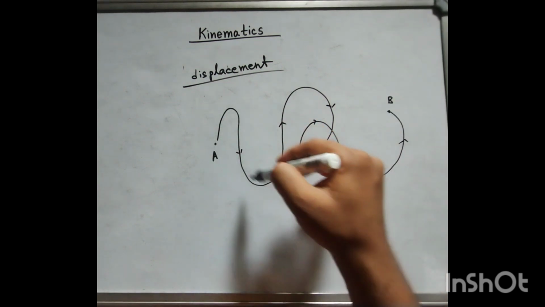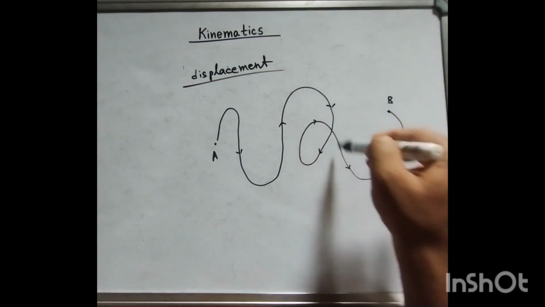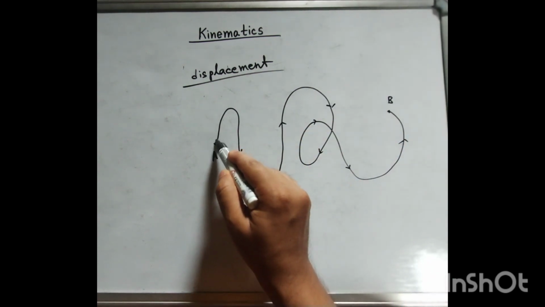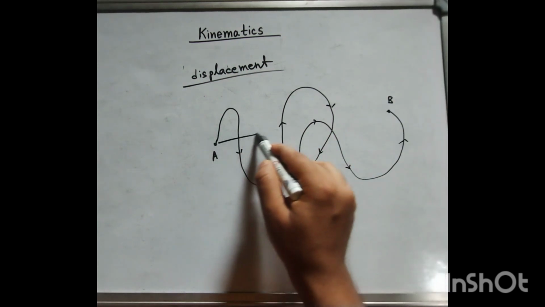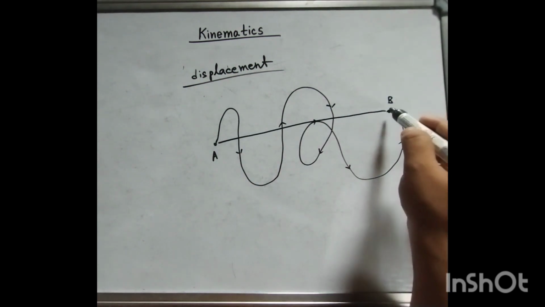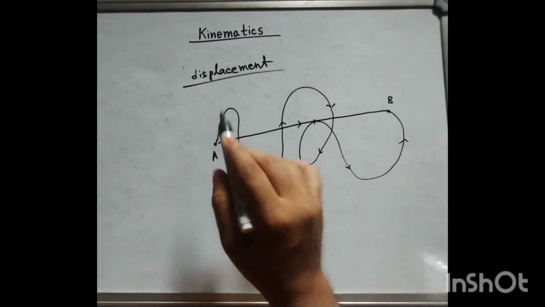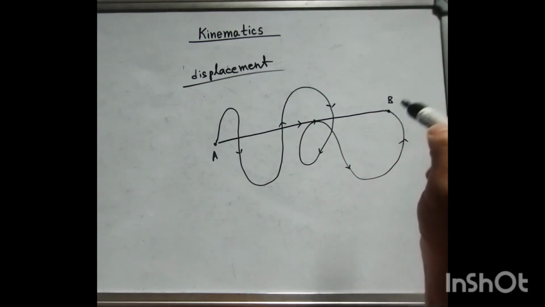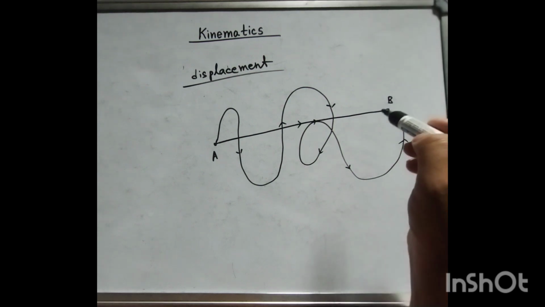So the distance you covered is the measurement along this path, but your displacement is your initial position and your final position, and the straight line distance between these 2 points. So for displacement, it doesn't matter along which path you moved. It only depends on your initial position and your final position.